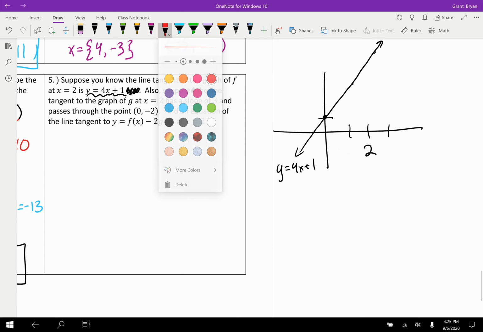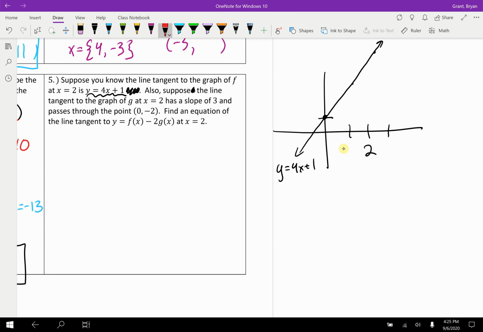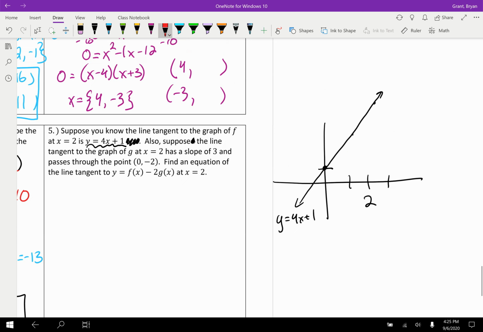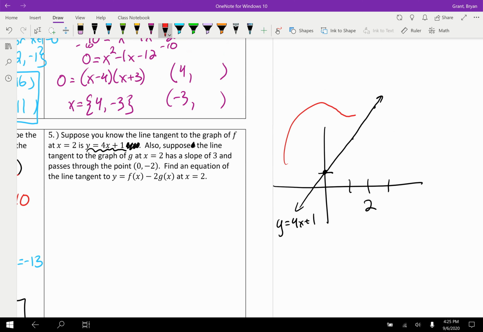Well, I can probably sketch in the graph of f, and I know that the graph of f has to do something like this, and they have to share that point. Why do they have to share a point? Well, that's the point where the tangent line is tangent to the graph of f.